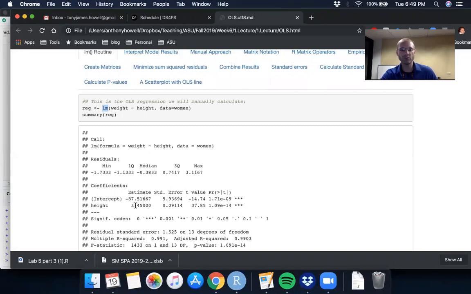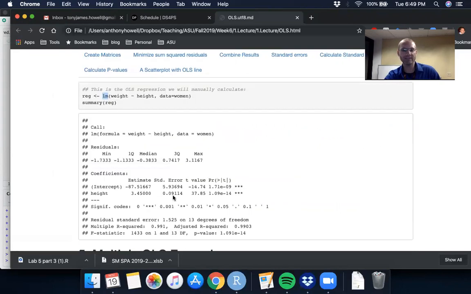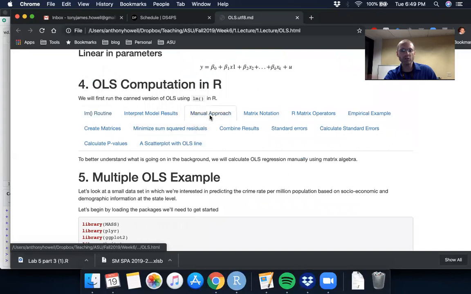So this is equivalent to our slope and our y-intercept. So we can manually obtain these parameters, the coefficients as well as the standard errors, by hand. And that's what I want to do to show you exactly what's going on in R behind the scenes.